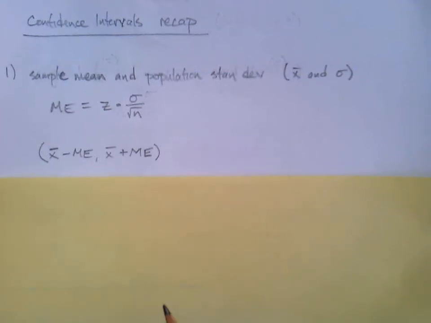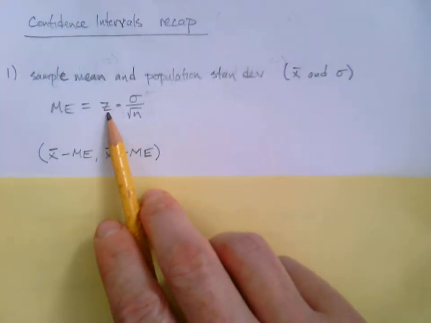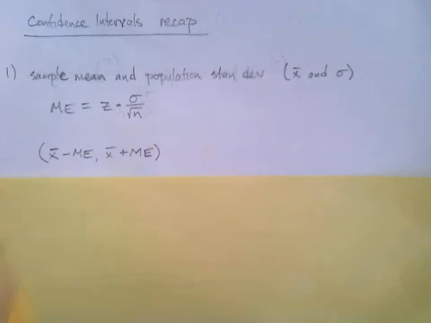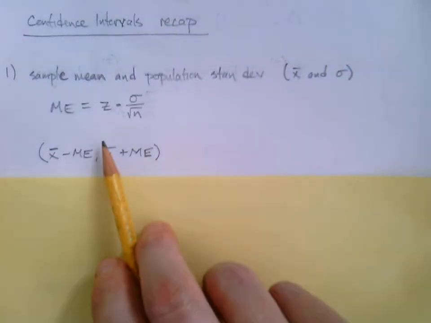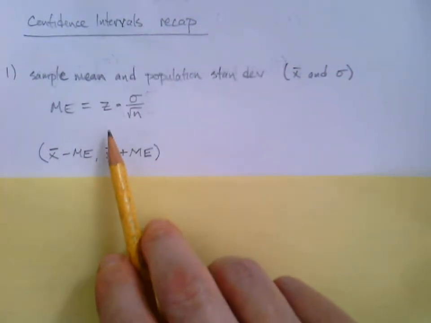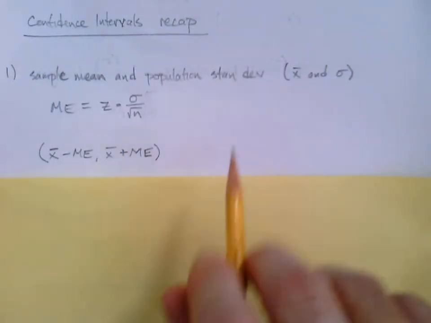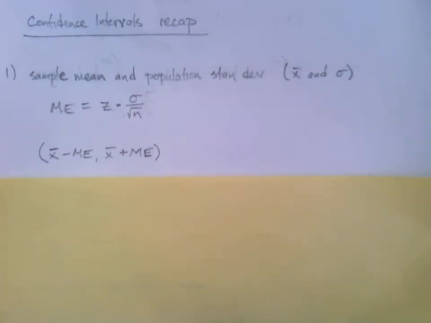We found that upper z-score that matches the confidence level. If it was a 95% confidence level, we know that z is 1.96. That's a common one. Maybe the confidence level is 90% or 99% or 80%. We would find the upper critical number, the z-score.